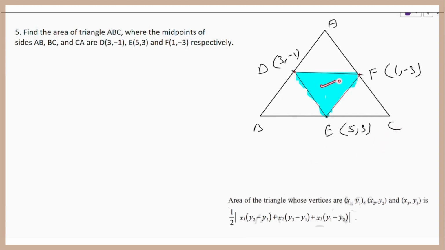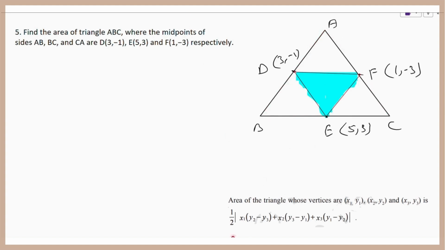So the area of this triangle will be 1/4 of the original triangle. Conversely, the area of triangle ABC will be 4 times the area of triangle DEF. So this would be shorter: finding the area of this triangle and multiplying by 4 should give you the area of triangle ABC.